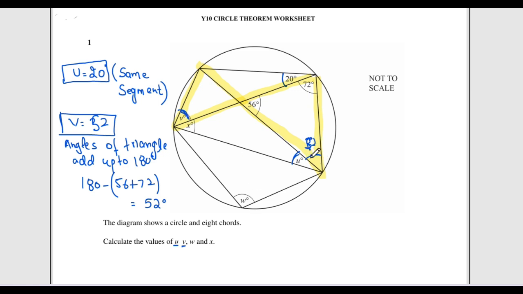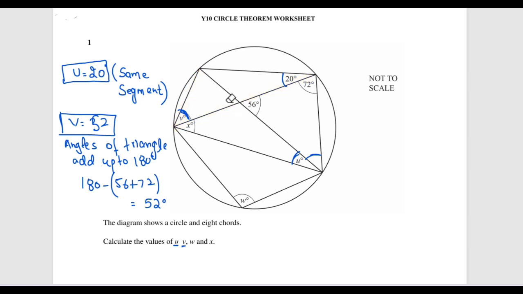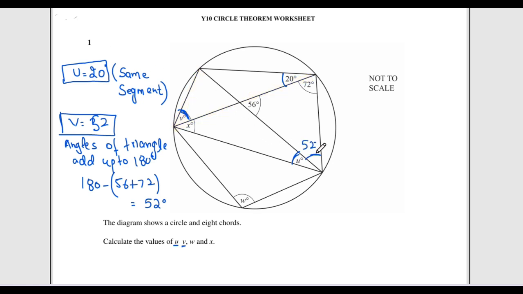So if this is 52, v would also be 52 because it's the same segment. So in place of v, I will write 52 degrees, and the reason is the same segment.